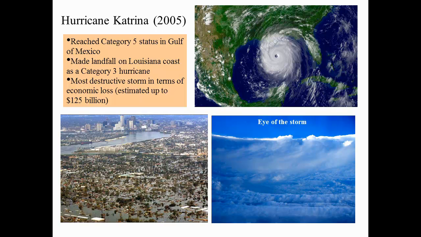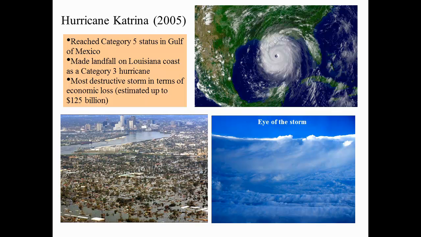Then there was Hurricane Katrina back in 2005, which reached Category 5 status in the Gulf of Mexico and made landfall in Louisiana as a Category 3 hurricane. Hurricane Katrina is thought to have been the most destructive storm in terms of economic loss, estimated to be up to about $125 billion.